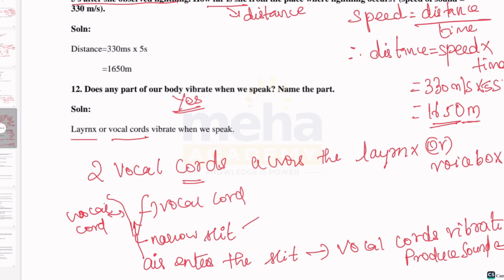The cord can be tight or loose. If the cord is tight, then the voice will be very thick.